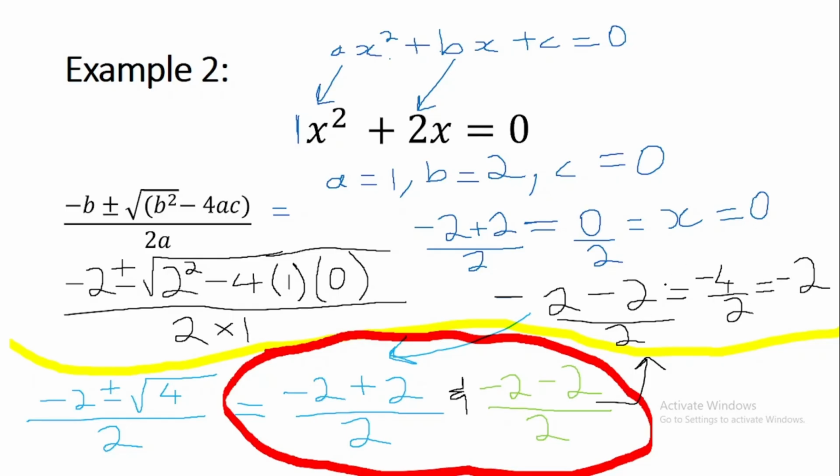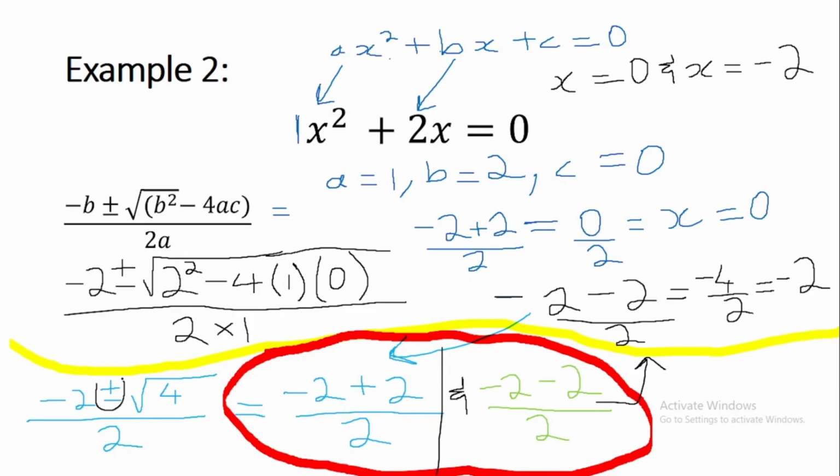So in the end, we have x is equal to 0 and x is equal to negative 2.